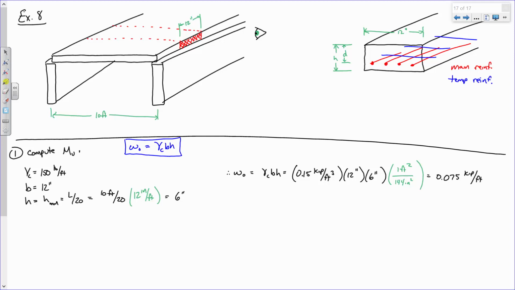Okay, now help me out with this. Let's say I got a floor system, right? I've got beams like this, and let's say I'm looking at this beam right here.